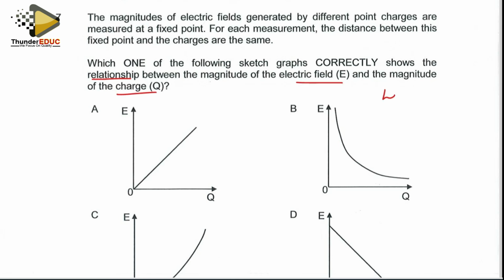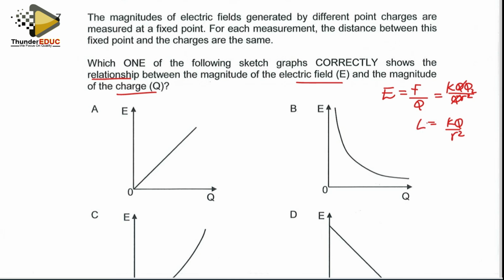So from the formula of electric field, we know that it is F over Q. Then when you replace this F with Coulomb's law of electrostatics, kQ1Q2 over r squared, and then you're dividing it by Q, this Q cancels that Q, so you're just left with kQ over r squared.